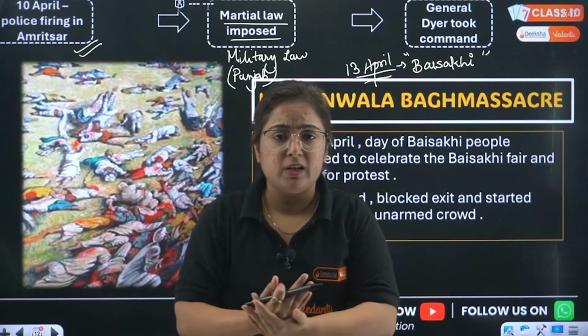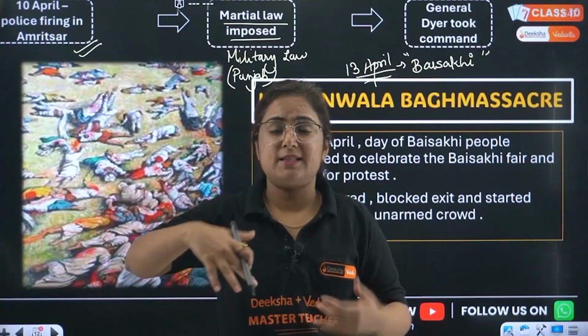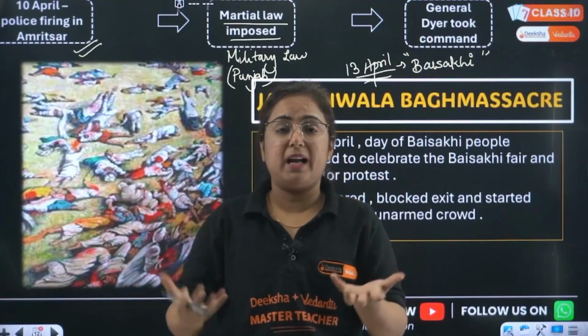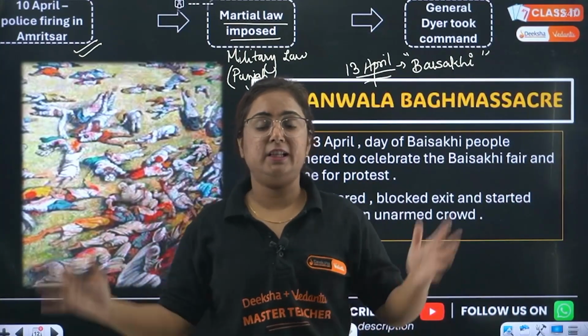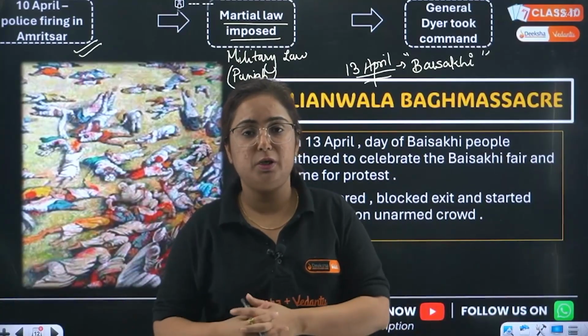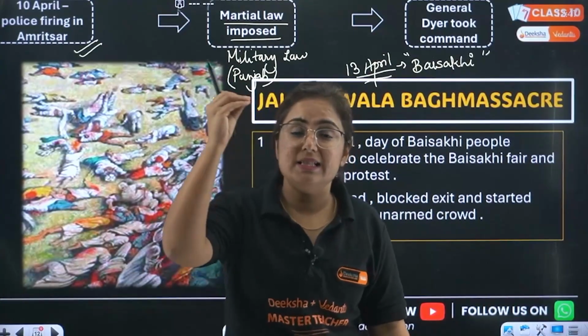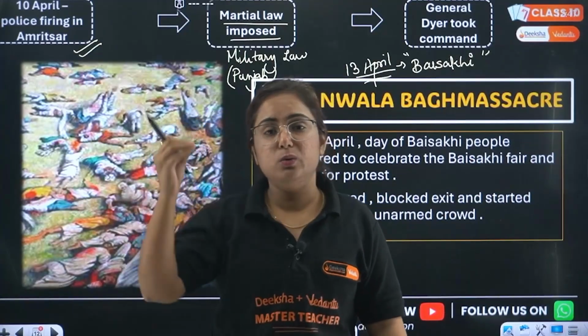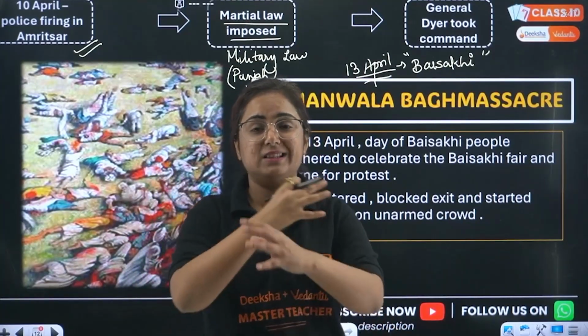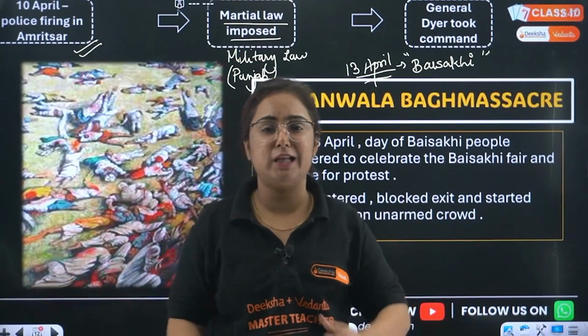What happened after that? People were killed by bullets, and some people themselves fell into the well, considering that we should not die from the bullets of the Britishers. More than 700 people lost their lives during this Jallianwala Bagh, and this incident stunned the entire nation.